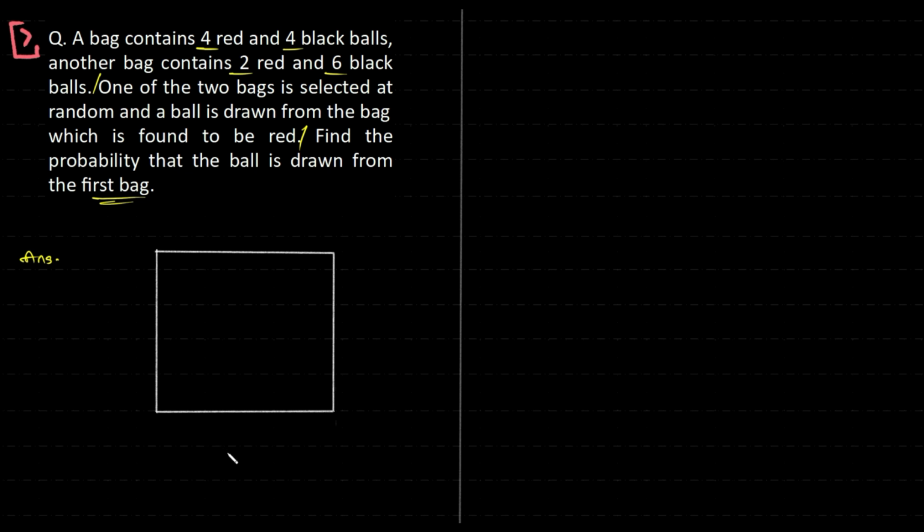Okay, so here too we'll make use of our Venn diagram. So this is the first event and that's your second event. First selection of bag actually, in this case. And over here we have ball selection.